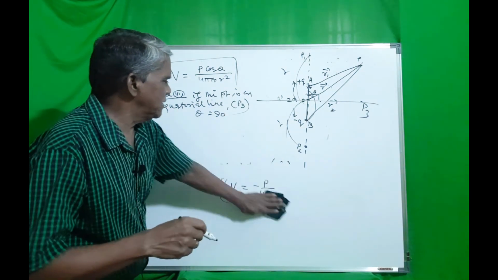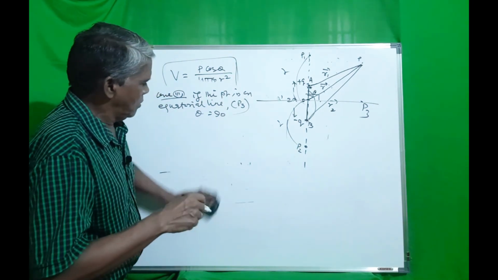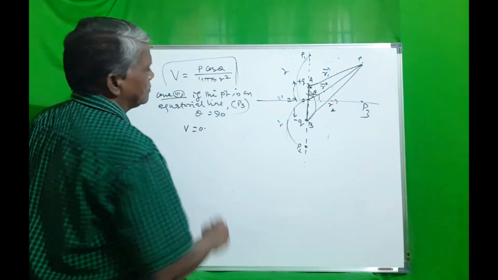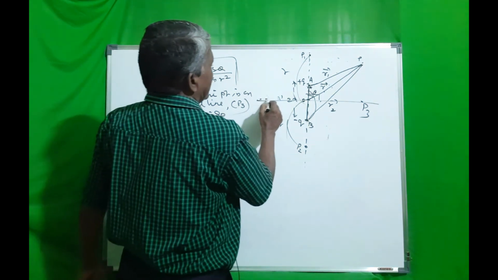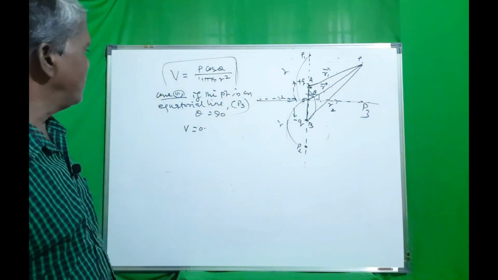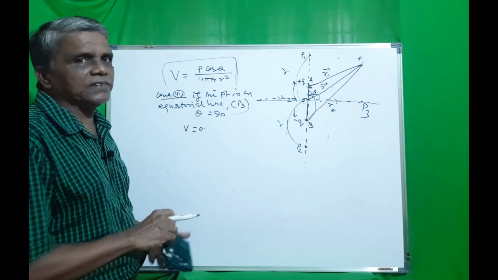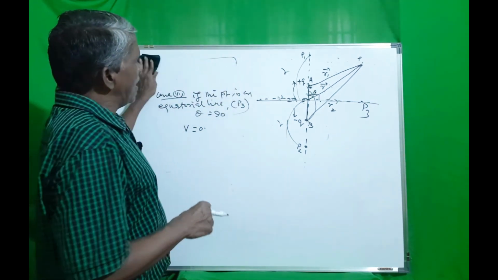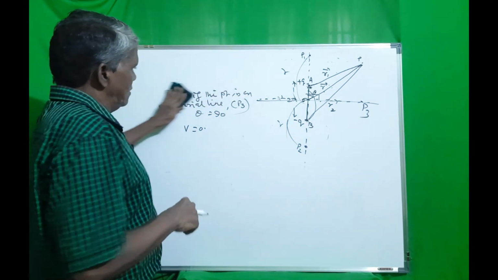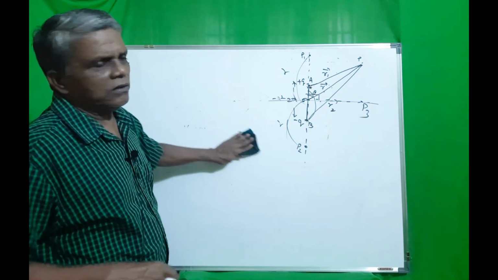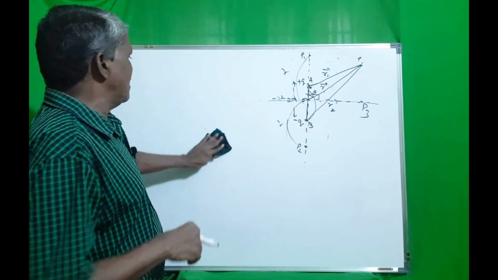Hence cos theta is 0 and potential is 0. Thus, at any point on the equatorial line, potential is 0, which means between 2 points the potential difference is 0. Therefore, no work is done in moving a charge or test charge along the equatorial line of a dipole.